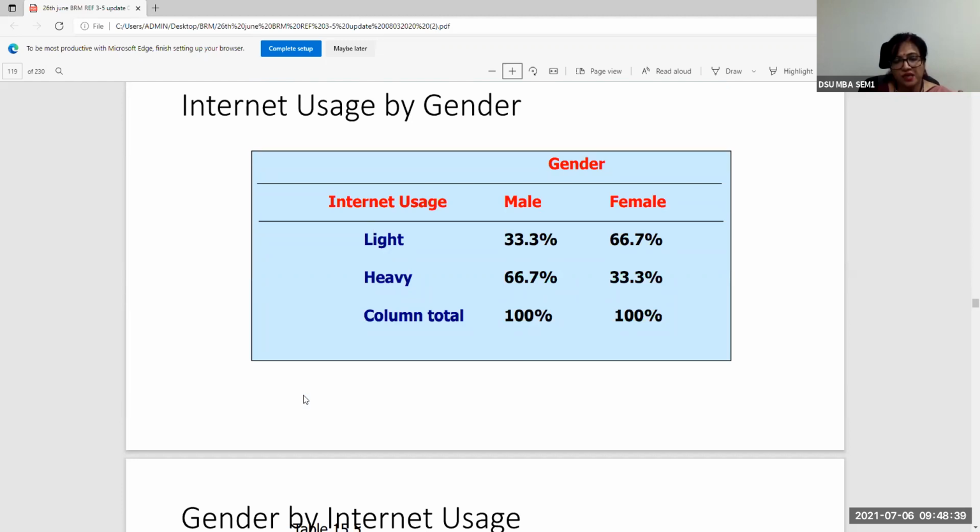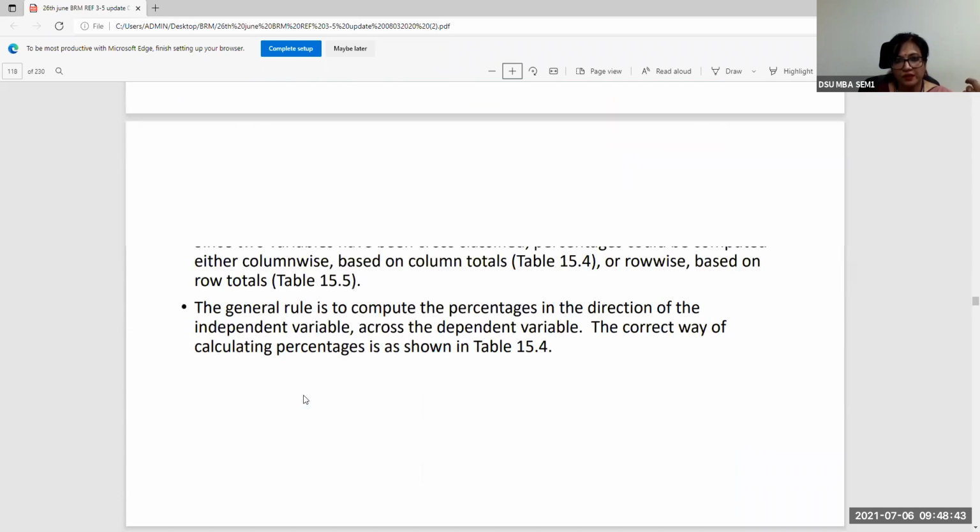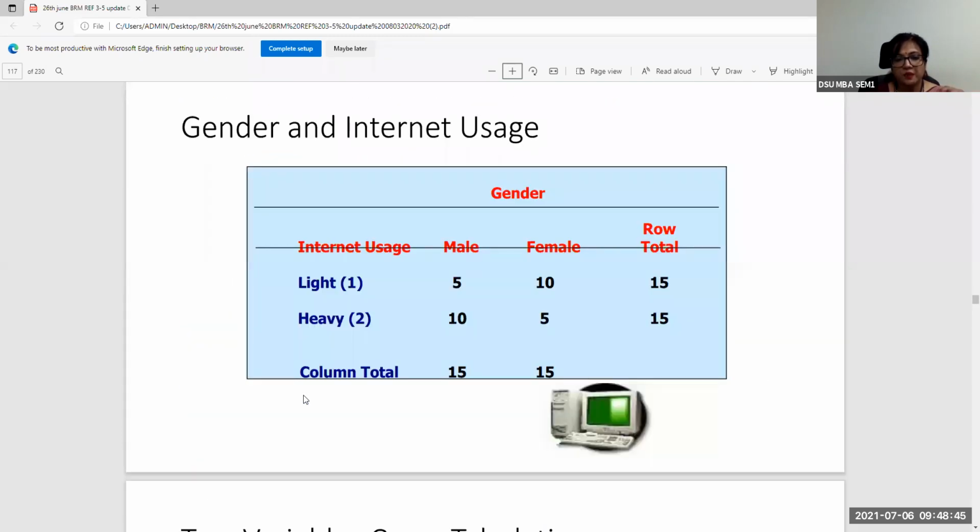What is the difference between this table and the previous table? Let us quickly have a look at the previous table. The previous table was given in form of numbers, which is not really that very easy to understand because the person who's reading that really needs to have the capability to compute some meaningfulness out of it.